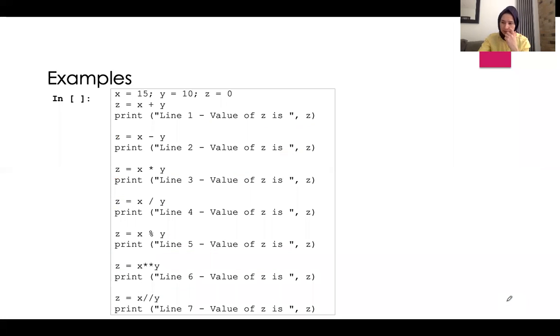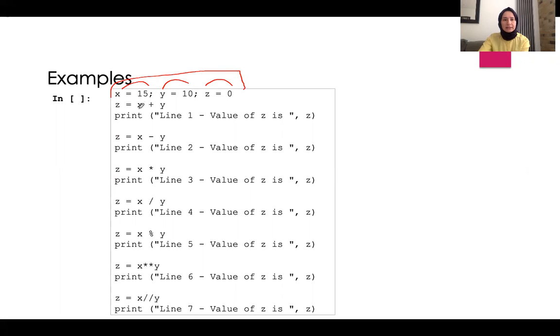And we have been provided some examples here. We have three variables, x equals 15, y equals 10, z equals 0. And this is also another way of defining the variables, guys. You can define your variables in this way in one line as well.